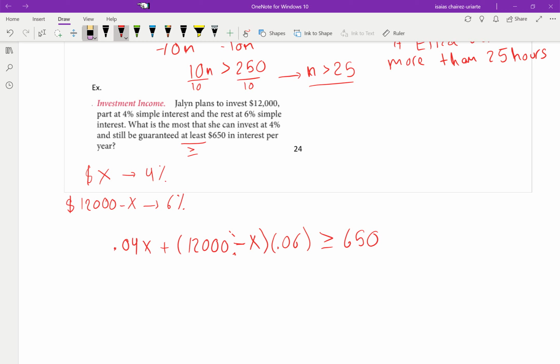So 0.04x, and then you would have to distribute the 0.06 multiplied by 12,000 and then 0.06 times x. And if I am not mistaken, 0.06 times 12,000 is 720.